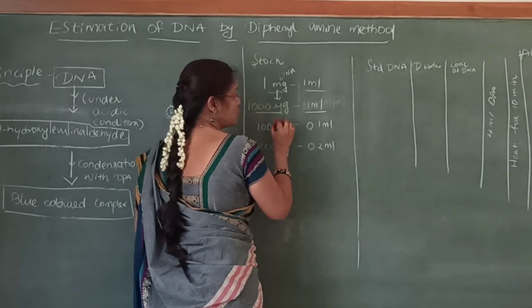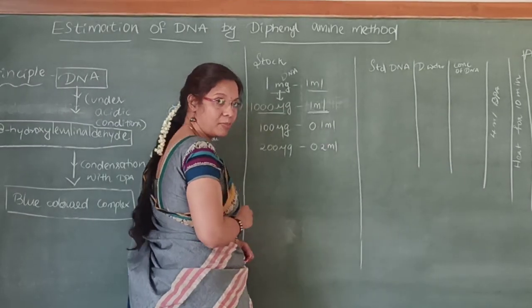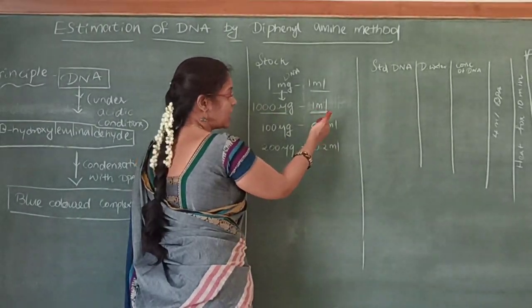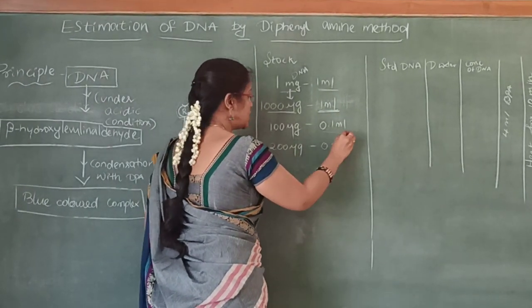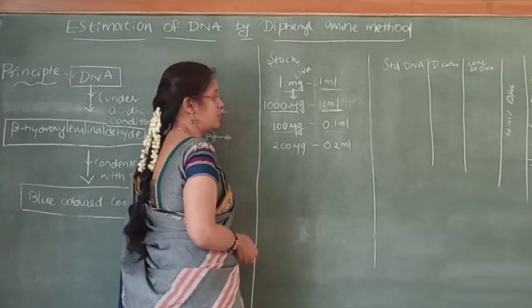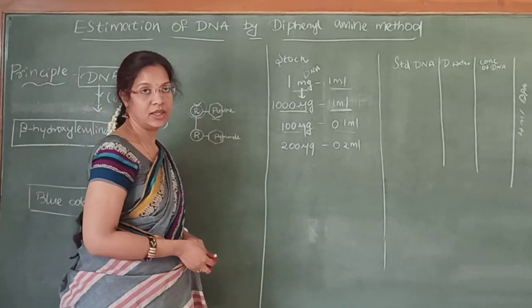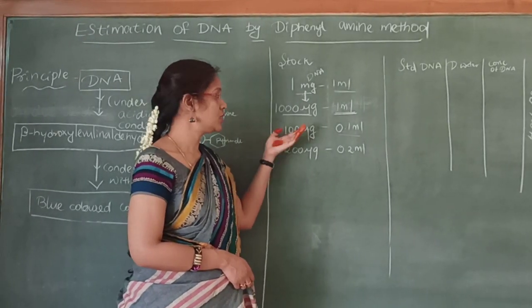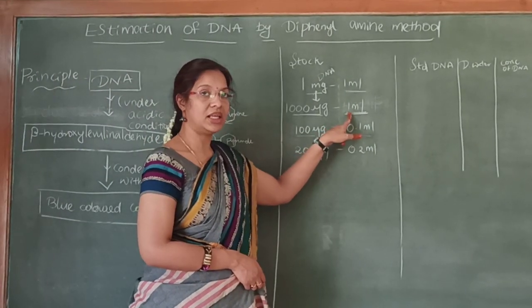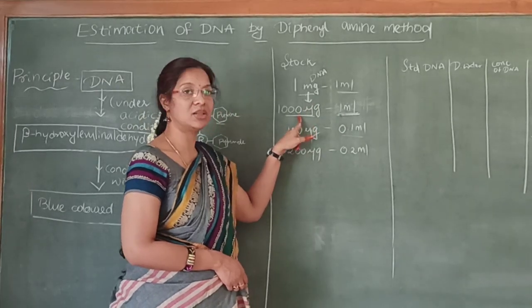If 1000 μg is present in 1 ml, and you are picking 0.1 ml of solution, it should contain 100 micrograms of the DNA. You should be very careful while doing the small calculation. Each ml contains 1000 micrograms.